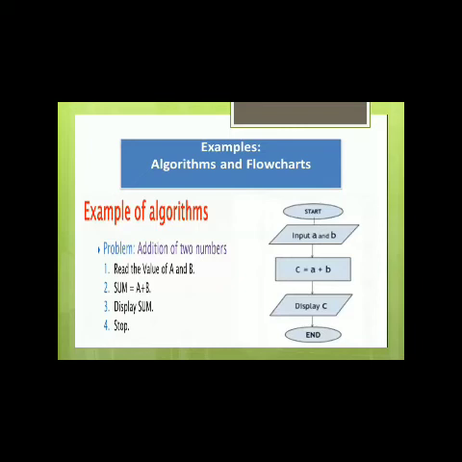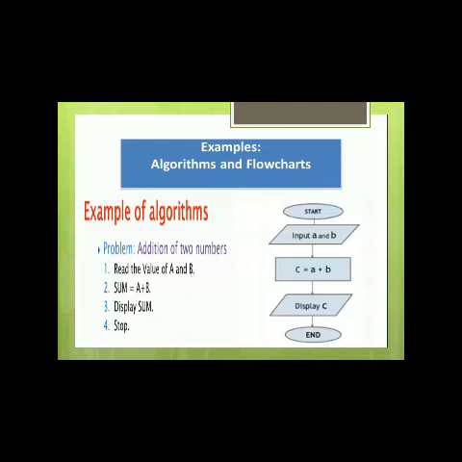These variables are memory blocks inside the computer. When we declare A, the first number we enter will come under A and be stored in the A memory block. And whatever second number you take will be stored under the B memory block.